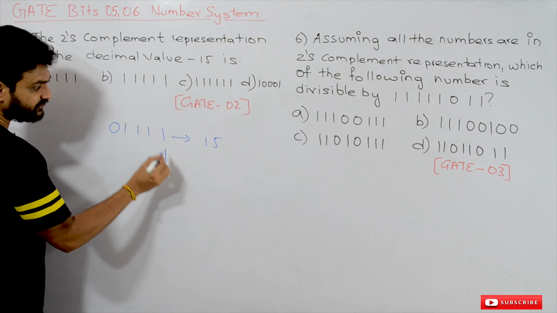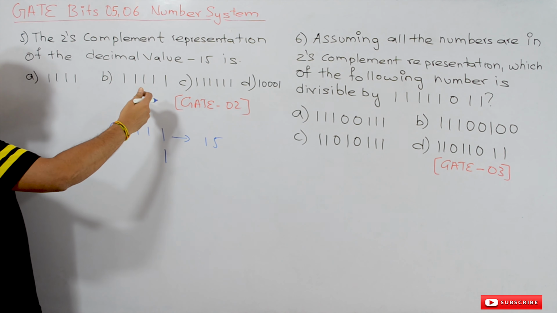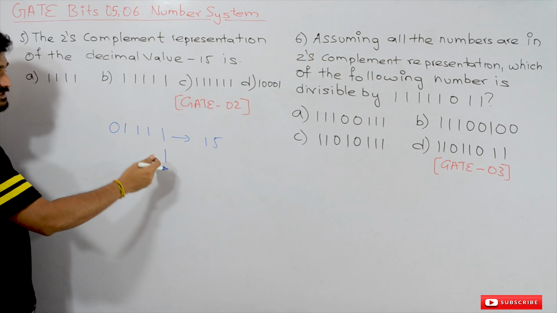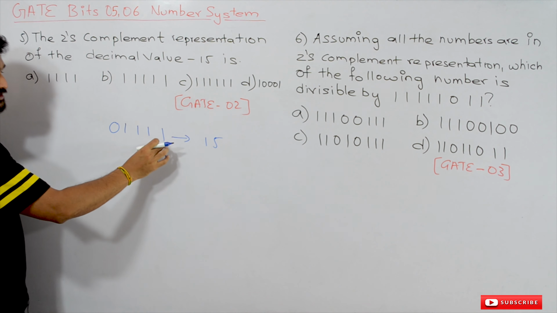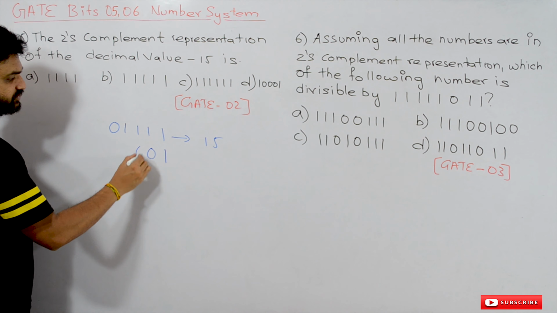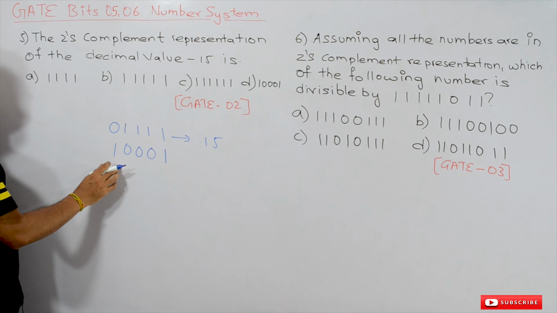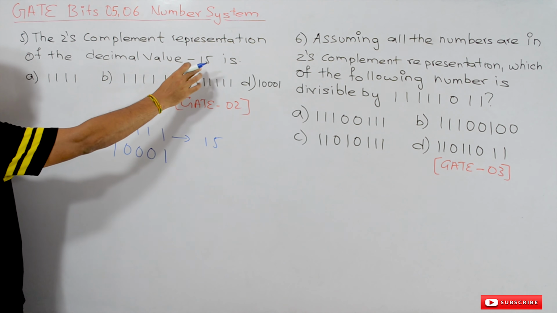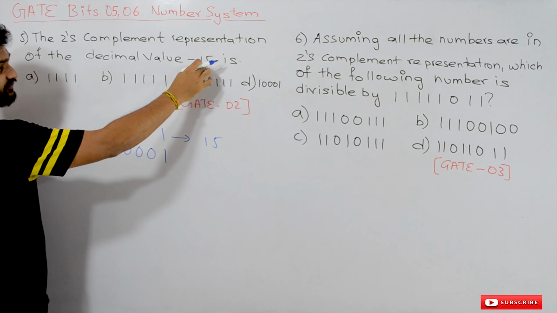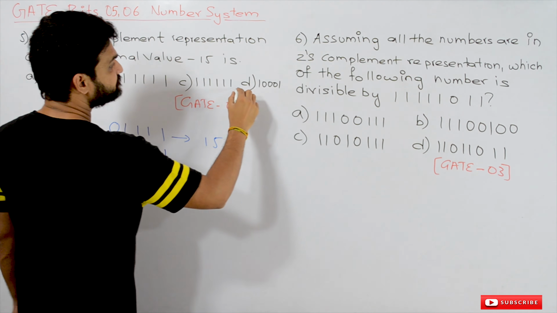After identifying the first one, complement every bit. That gives 1 0 0 0 1. This is the 2's complement representation of 15, which means minus 15, and the right option is D.